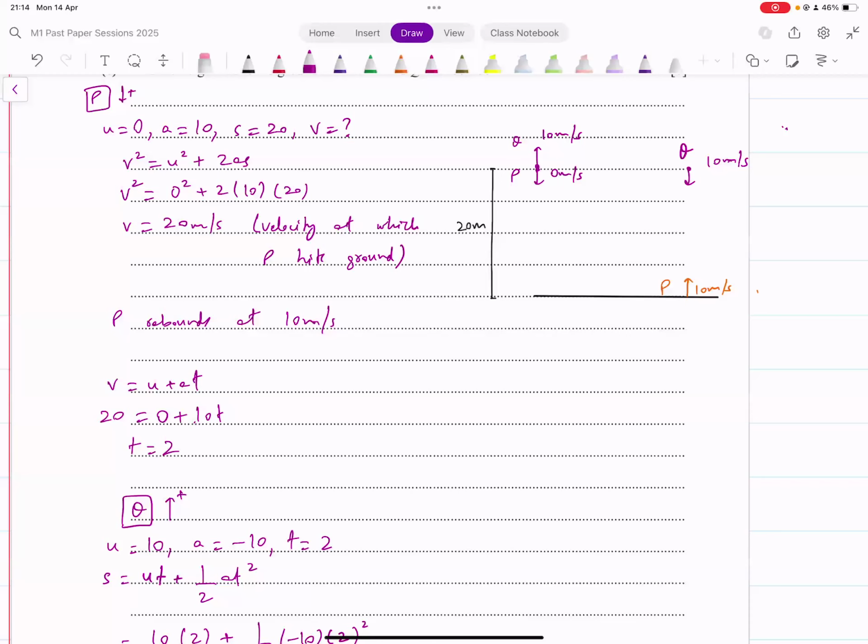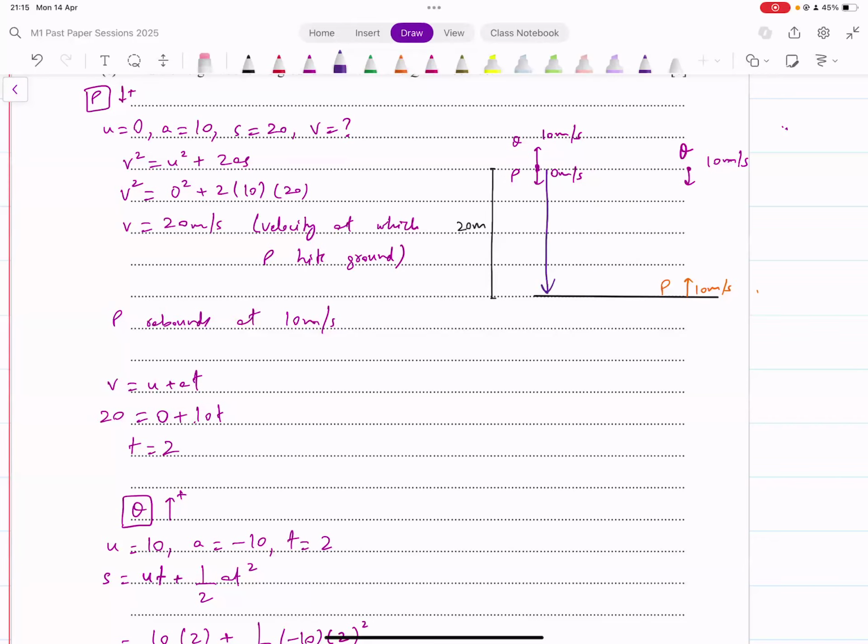When it collides with the ground, everything changes at that point, right? So we cannot consider these two parts together. While P is moving downwards, that's a totally separate thing. So for that, we take downwards positive.